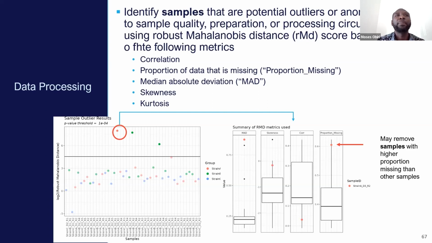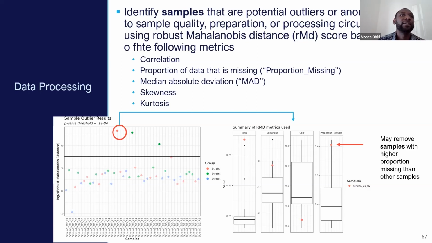And so you can use the Mahalanobis distance to filter those samples out based on two or five of the following metrics: the Pearson correlation coefficient, the proportion of data missing across the sample, the median absolute deviation, MAD, the skewness of the data within the sample, and the kurtosis of the data within the sample.